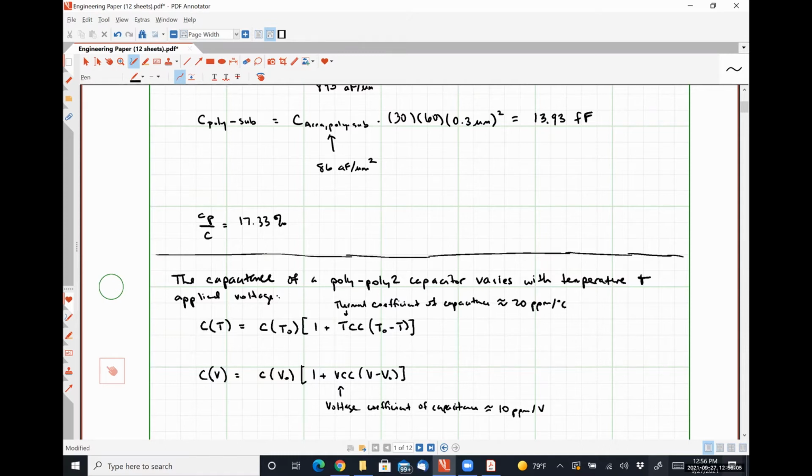It's less affected by changes in both applied voltage and the operational temperature. It gives us significantly larger capacitance values for a significantly smaller chip footprint, right? So lots and lots of different reasons why we might like to include that second polysilicon layer.